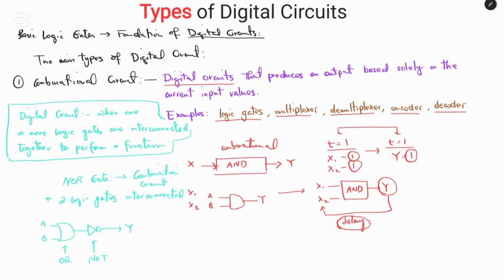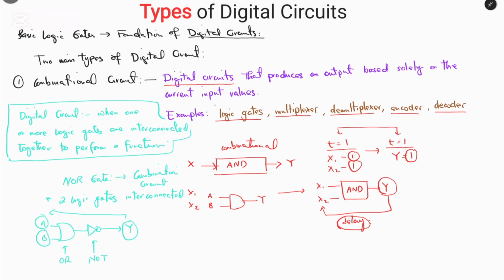Since it is combinational, if the inputs A and B change, the output will respond to the change at that instant. If A and B are 0 and 0, the output will be 1 at that instant, so there is no delay in such a circuit.